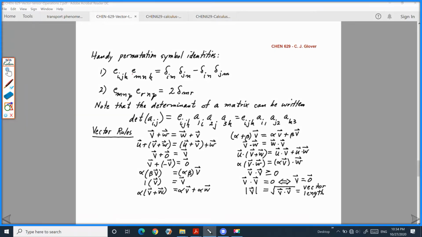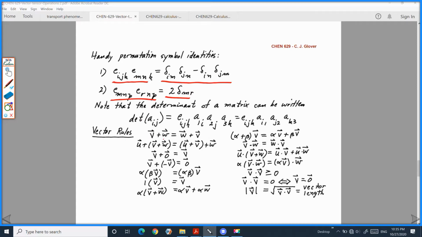Just for example, the permutation symbol identity: a multiplication of two permutation symbols gives that result, and this can also be represented by that one. You should be aware these are all totally different indices r, j, k, m and k, but this time we have m and p, r and p. Actually, just one index is the same in here, two are the same, just one is different.